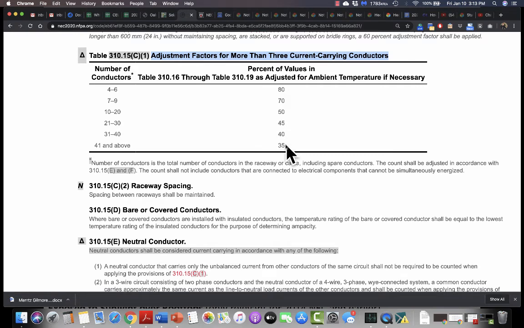So that is another reason why people designing PV systems look at things like this and say, should I use smaller conductors, or should I combine things together and use larger conductors so I don't have to deal with this table? Or another way not to have to deal with this table is to use multiple conduits.